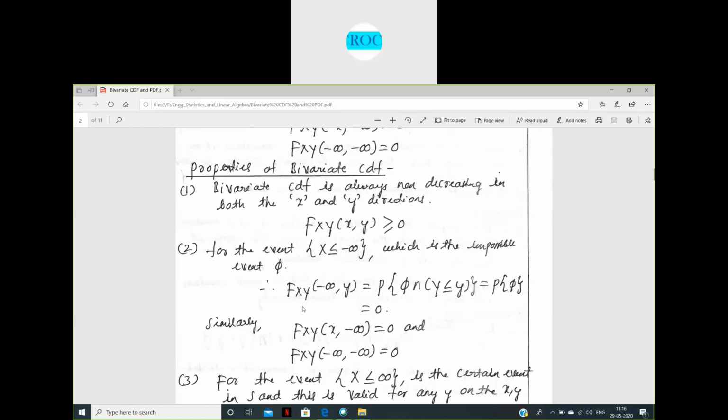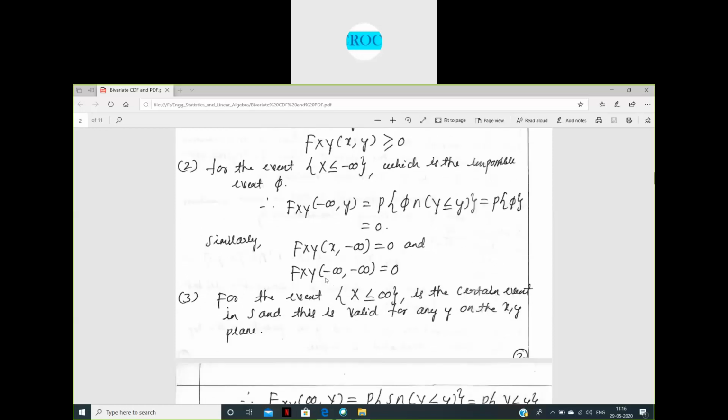So how do you write the bivariate CDF when x is less than or equal to minus infinity? F_XY(minus infinity, y) is equal to the probability of null, which is an impossible event, intersection Y less than or equal to y. Anything intersected with this will be 0. So what is the probability for an impossible event? This is equal to 0.